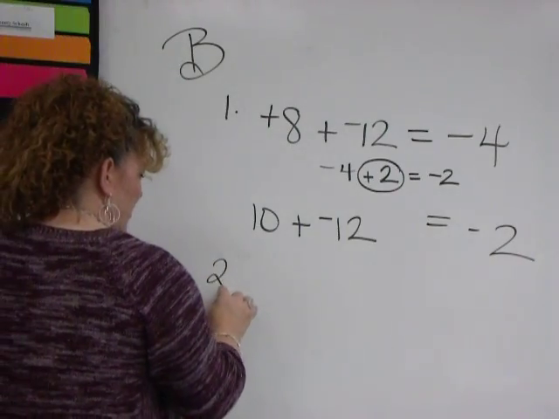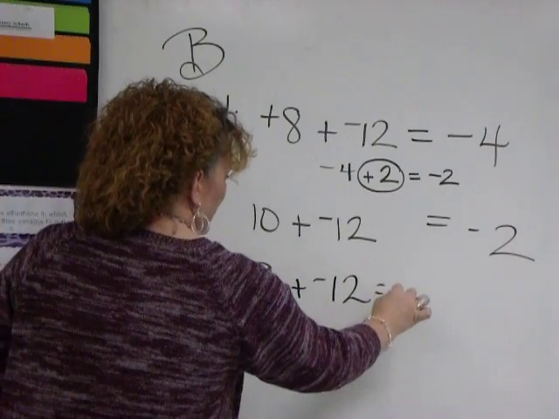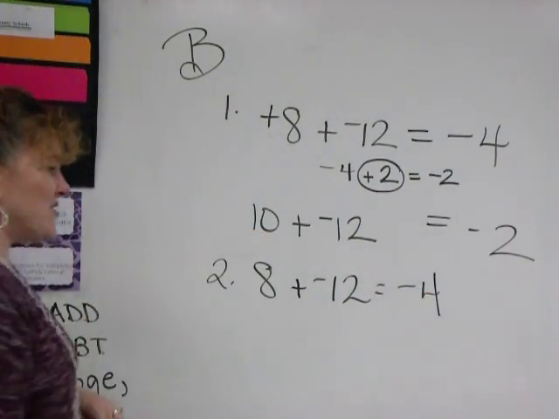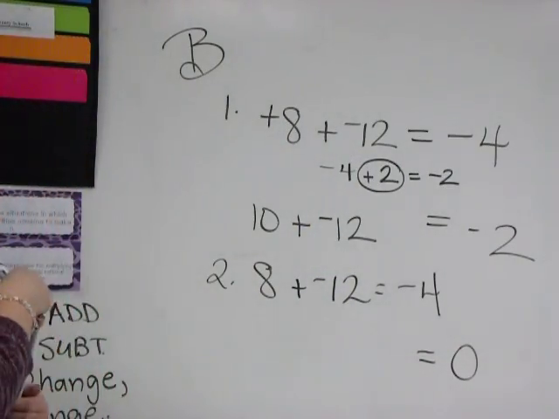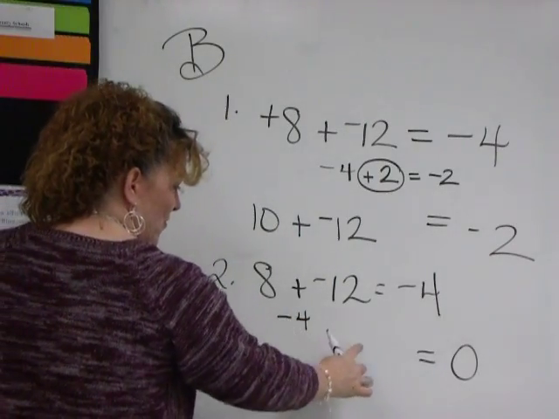So for number 2, it wants you to use that original board, and you know that we end up with -4. But for number 2, our answer needs to be at 0. So if I have a -4, what do I have to add to -4 to get 0?